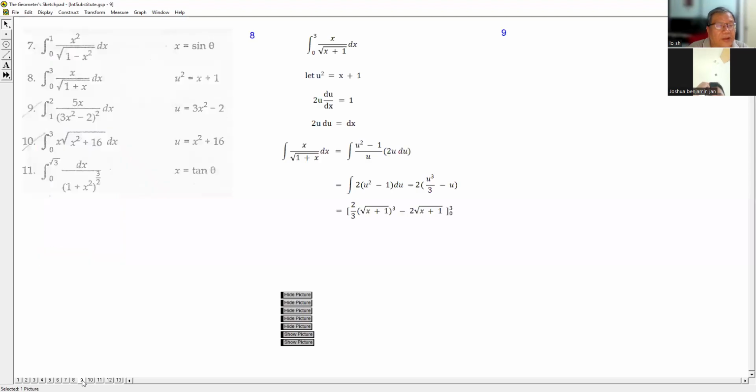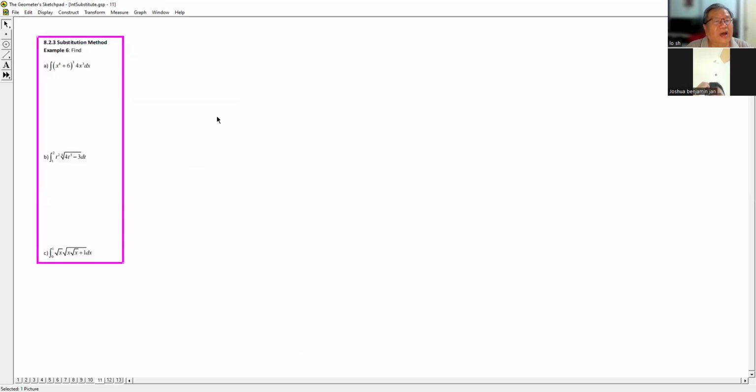Okay. Yeah, we refer to this. So your lecture notes is this one. So now, what type of substitution you need to use? So I look at the question here. Oh, this is a bracket, then to the power of 3.